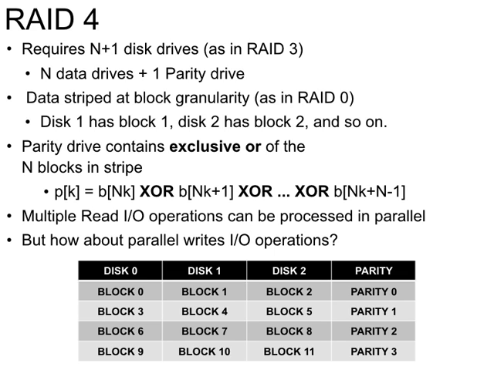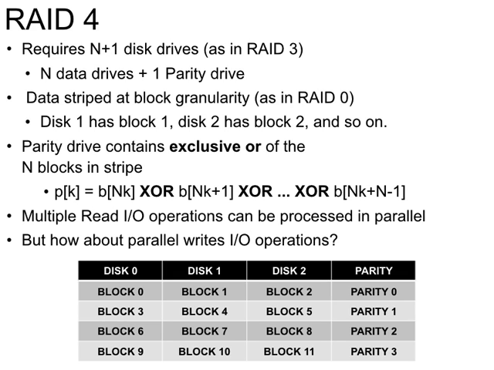Or if you had n data disks, then you can do n read operations at a time. However, for write operations, we run into a problem. If you write to a data block, you also have to update the corresponding parity information. So not only do you have to update the data disk, but you also have to update the parity disk. But we have only one parity disk. So even if you are writing data blocks to two different data disks, the parity disk becomes a bottleneck.